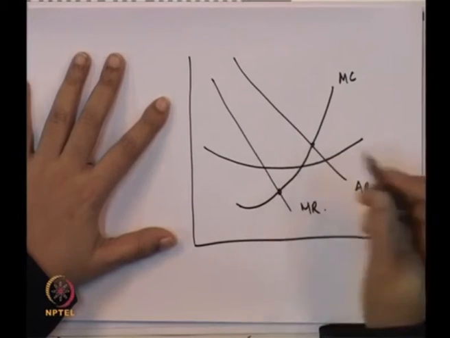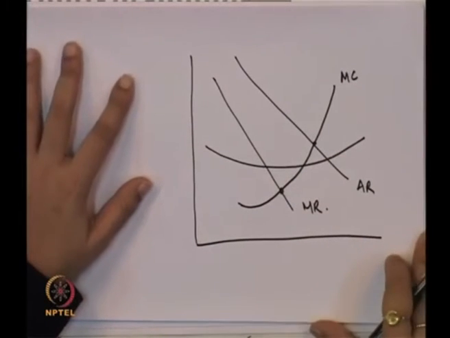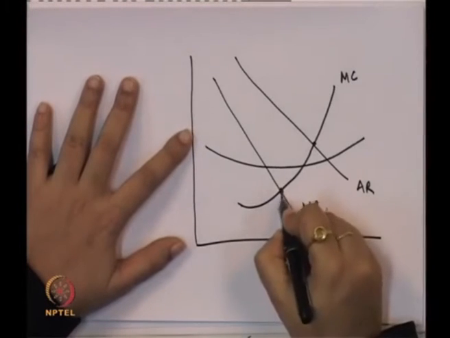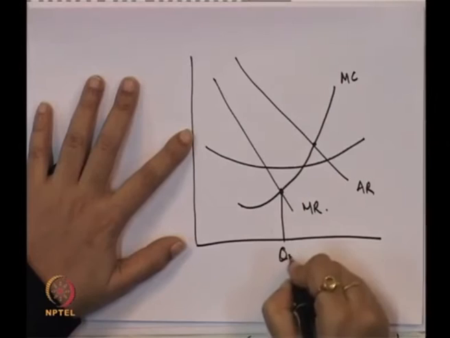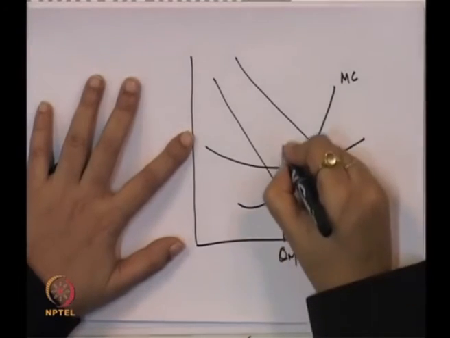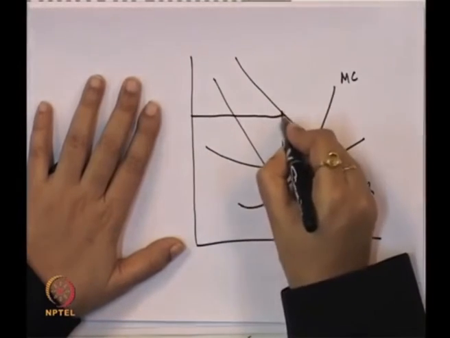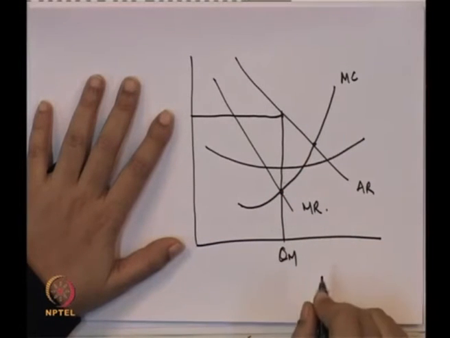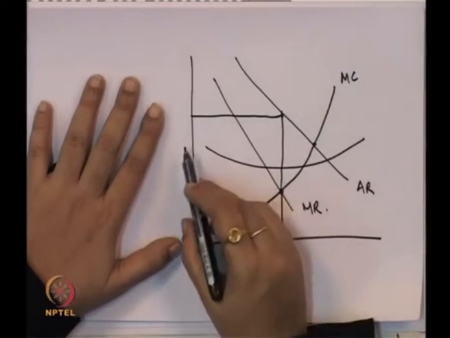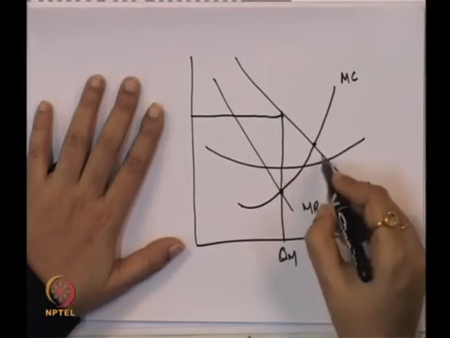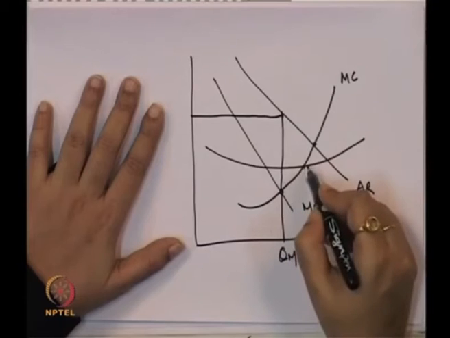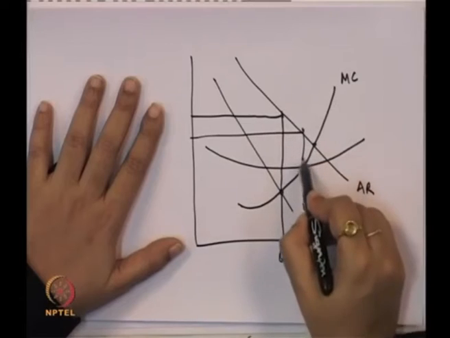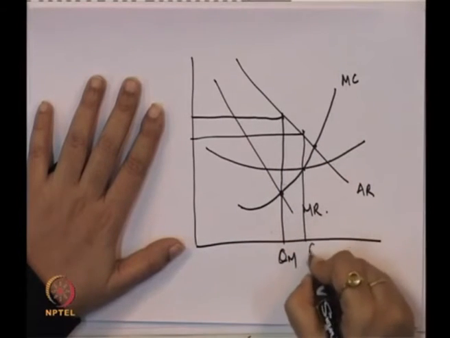Now if you look at the graph, there are two levels of output. One level of output is with respect to marginal cost and marginal revenue, and the other level of output, Q1, is mainly on the basis of the price ceiling. When the price ceiling is imposed, it gives another quantity.